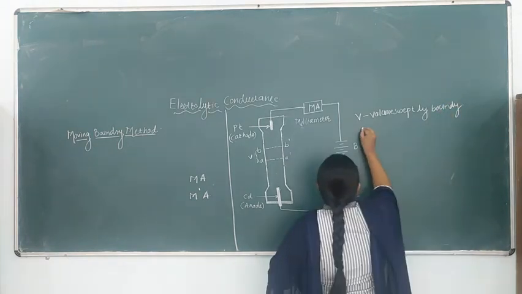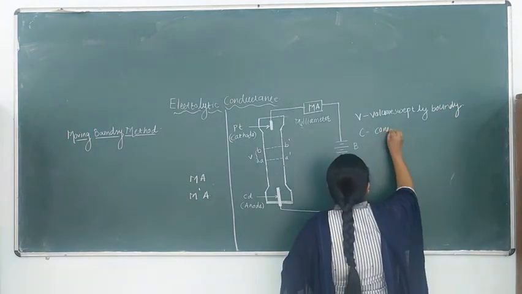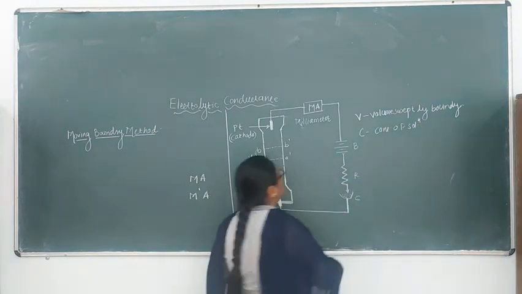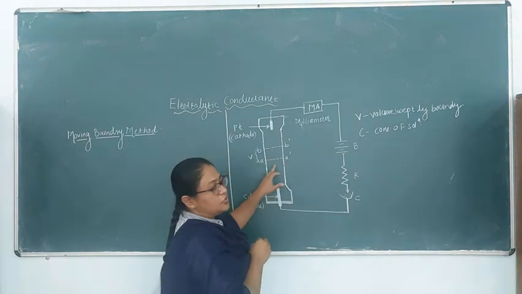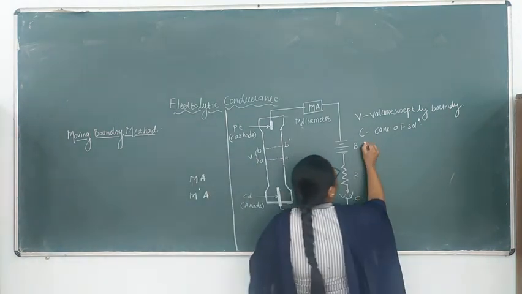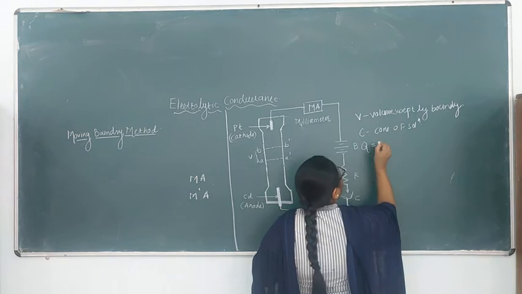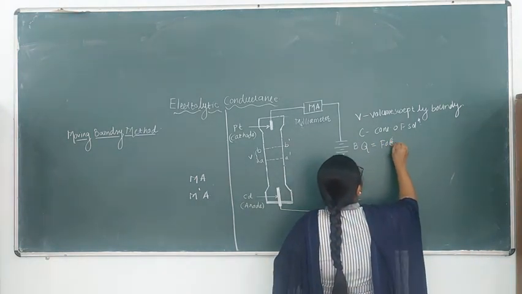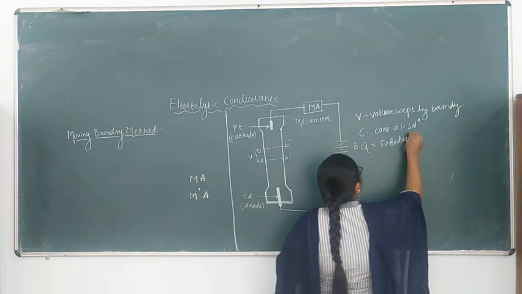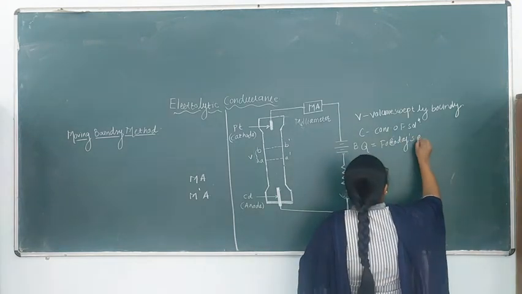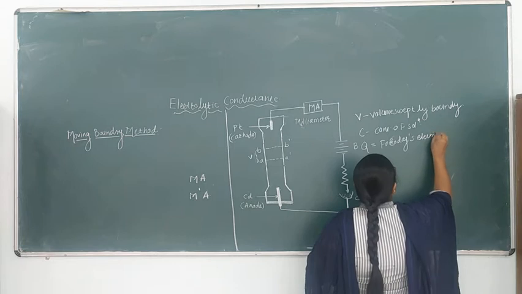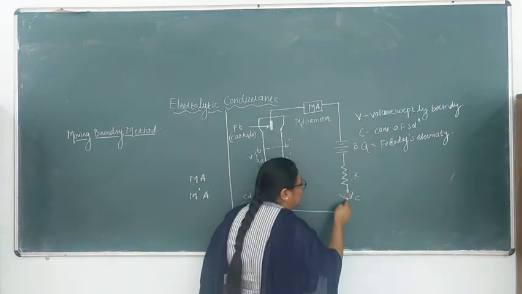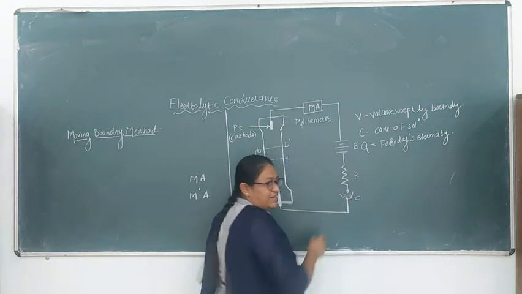If C is the concentration of the solution taken here, then Q is the Faradays of electricity. That means this many Faradays of electricity have passed through the circuit, and this Q can be calculated from the coulometer measurements.